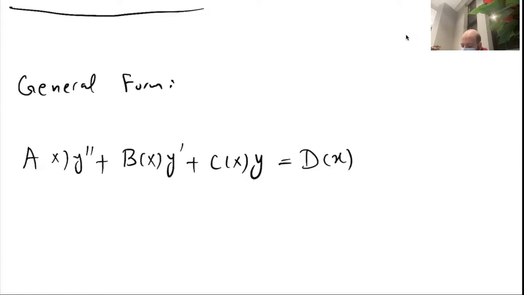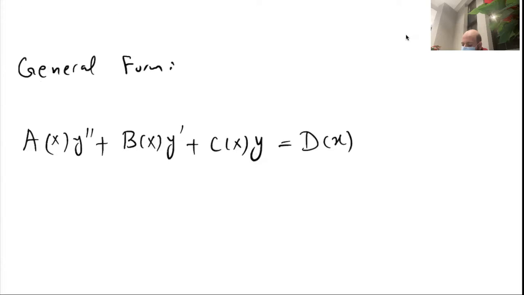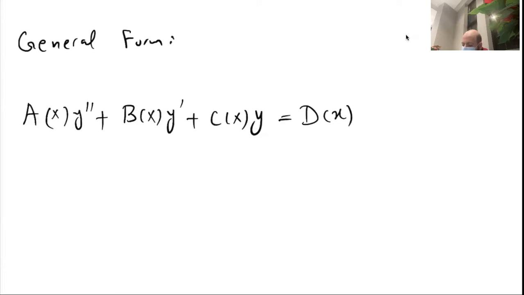And these functions a of x, b of x, c of x, and d of x are arbitrary functions of x. So basically we can divide everything by a of x to make sure that the leading coefficient, or coefficient of y double prime, is 1. That's normally a convenient assumption if we can assume that the highest coefficient is 1.